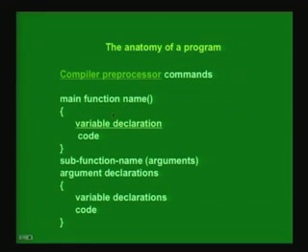Then we have the main function, with the function name given there. The main function will have variable declarations and the main code. Then you could have many such sub functions, or may not have any sub functions at all.